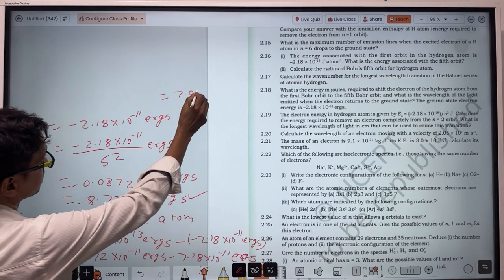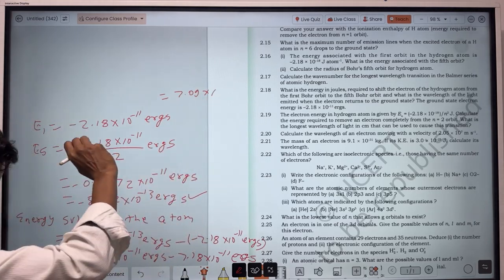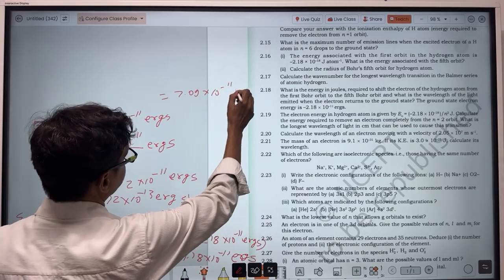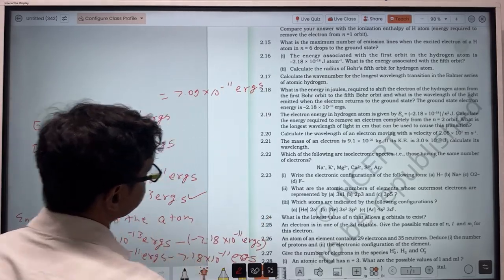So that is 7.09 into 10 to the power minus 11 ergs. That is the energy.